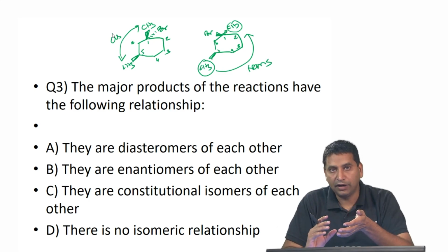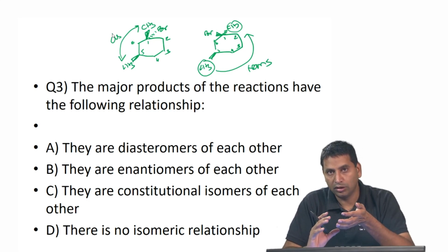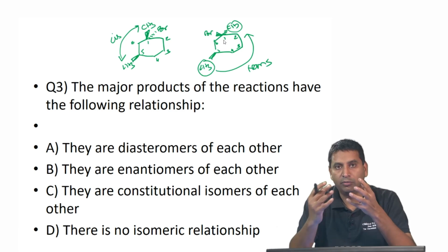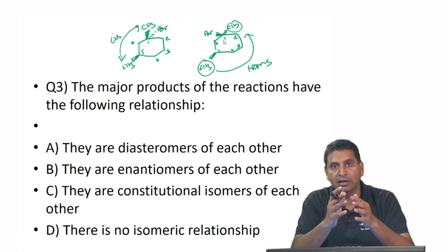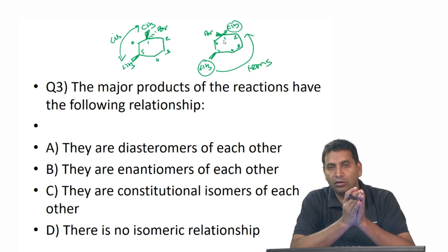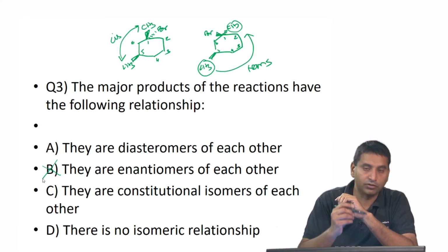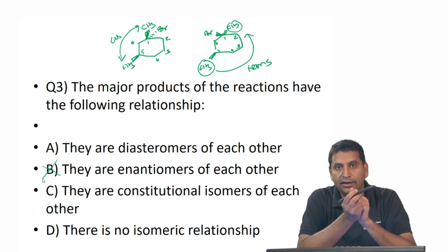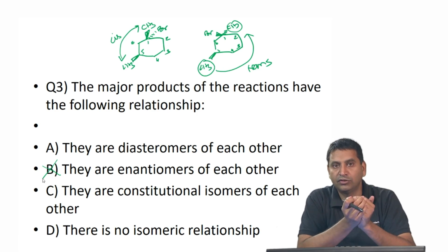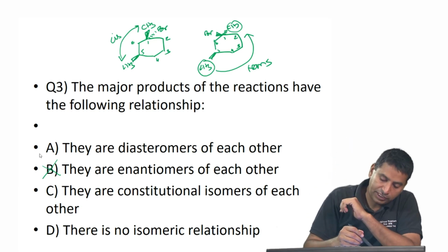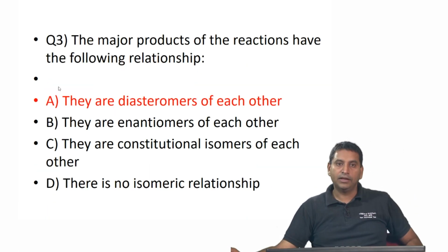So, if I have to now draw out a mirror plane relationship, if I put them both in the mirror plane, then at carbon 1 there would be an inversion and it would fit very well, but at carbon 5 there is no mirror plane relationship. Therefore, these are not enantiomers of each other. So, B is wrong, right, and our definition of a diastereomer is that they are stereoisomers which do not have a mirror plane relationship. Therefore, the correct answer would be A. Okay, that is the correct answer.